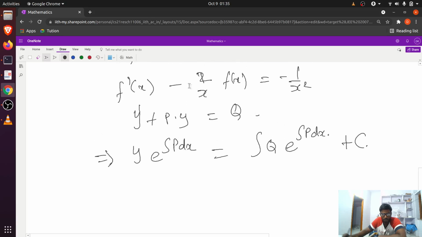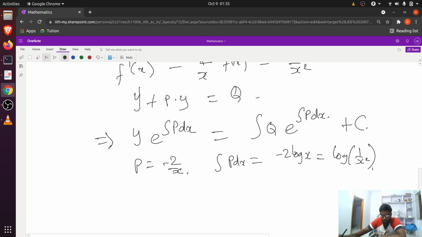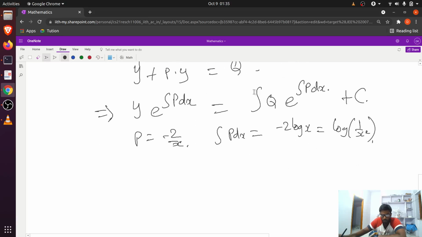So in our equation p is nothing but negative of 2 by x. What is the integral of p dx? Integral of p is negative of 2 into log x, that is equal to log of 1 by x square. Now what is the integral of q into e to the power integral of p dx?